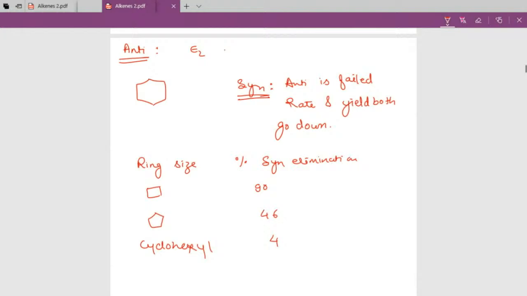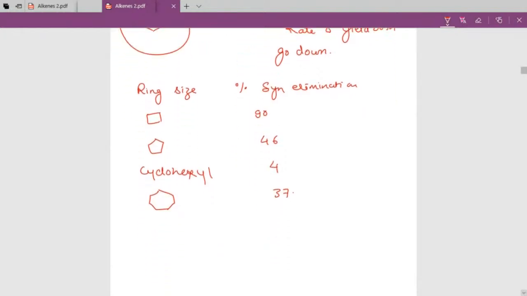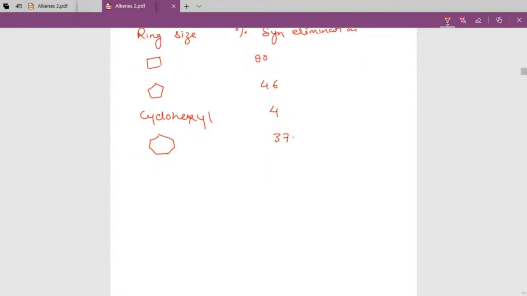It is only 4%. In case of cycloheptyl rings, it is again coming back to 37 percent. Is it okay? Now cyclohexyl rings totally go for anti-eliminations, so stereoselective about their anti-eliminations, or else they do not react.